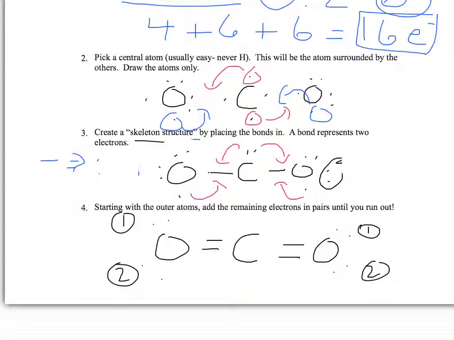Okay, so this checks out because we have the correct number of valence electrons, and we also have octets on everything. So our final structure is going to be carbon double bonded to two oxygens, and those oxygens are both going to have two lone pairs, giving us CO2.